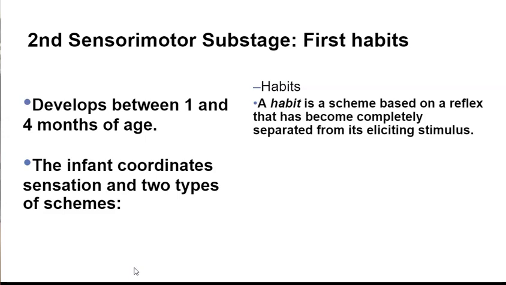We talked about the rooting reflex and the sucking reflex, but usually reflexes have to have some kind of stimulus that encourages them. Now when we have a habit, the child is able to complete this reflex without the stimulus being there.